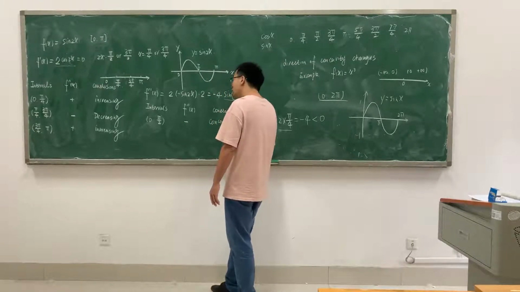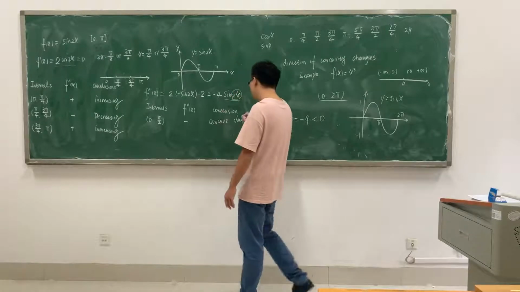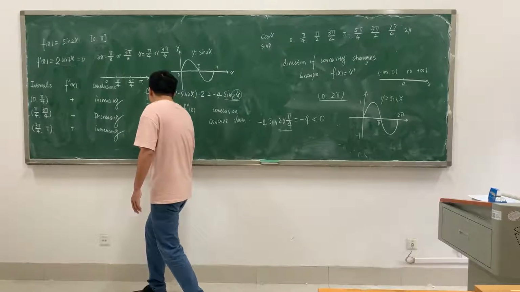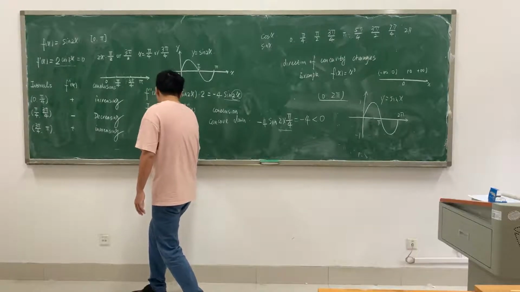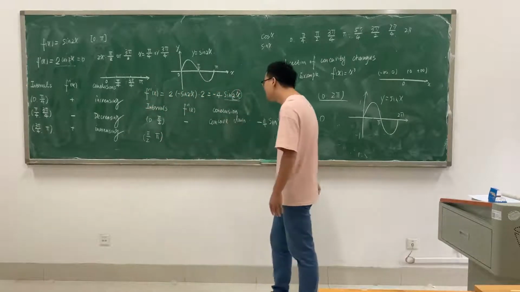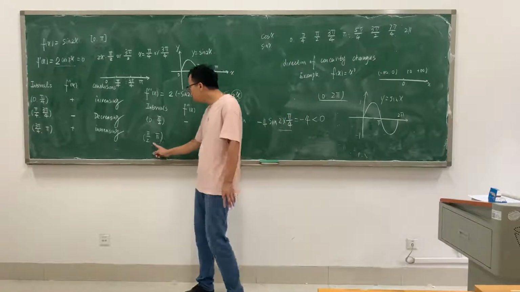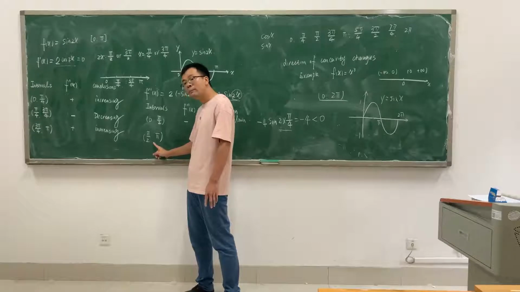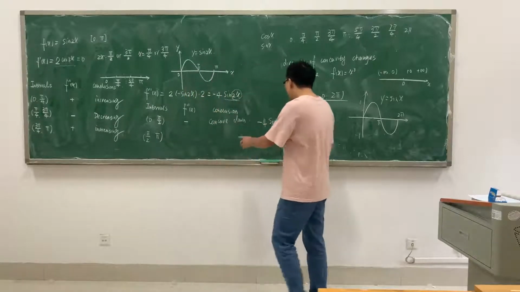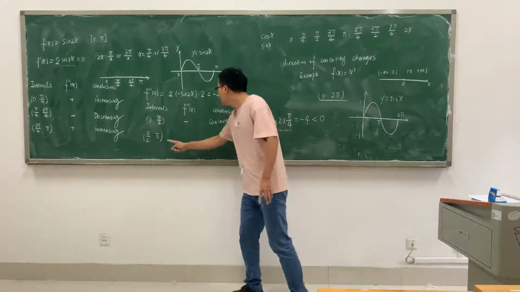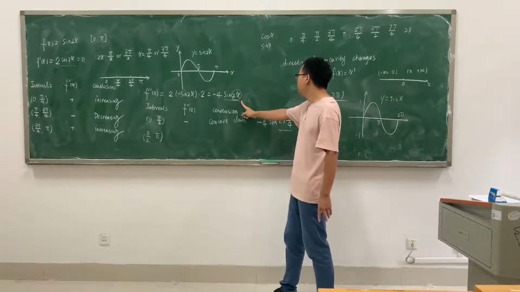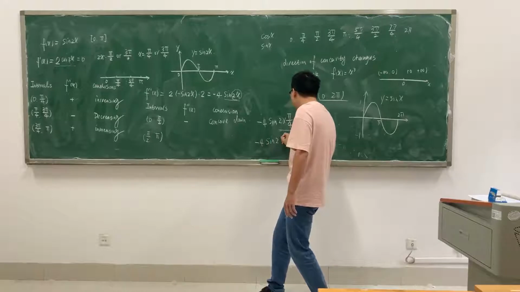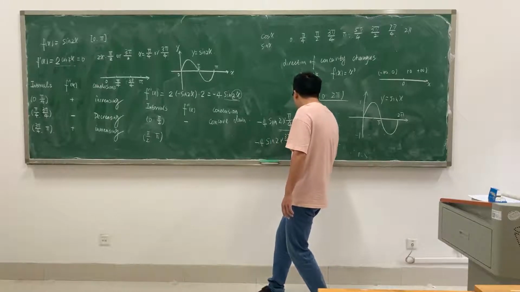So here is concave down, yeah? Concave down. And in this interval, 1 half pi to pi, it's the same. We choose a special value in this interval, for example, 3 pi by 4. We compute minus 4 times sine 2 times 3 pi by 4.